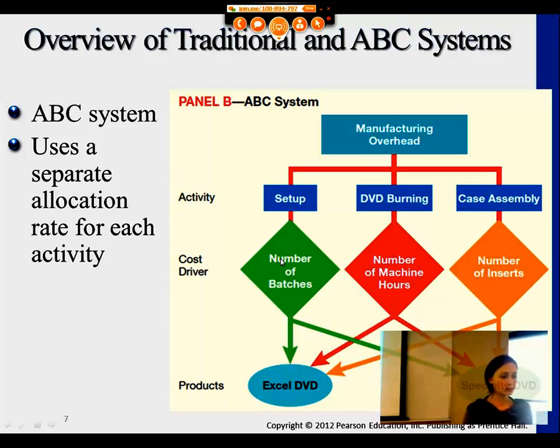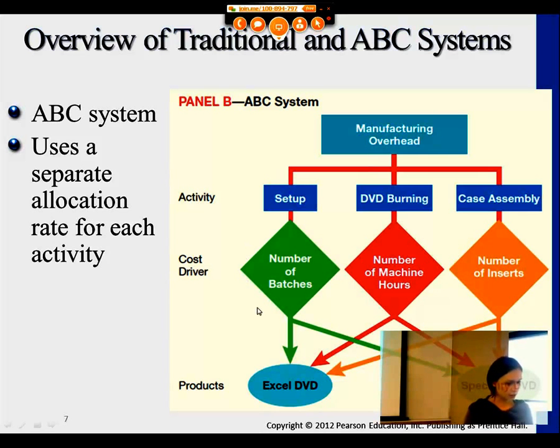I have a certain number of batches, right? Your setup. Okay, so how is it different? Let's look at all activities. Then I have DVD burning, and it's a number of machine hours.